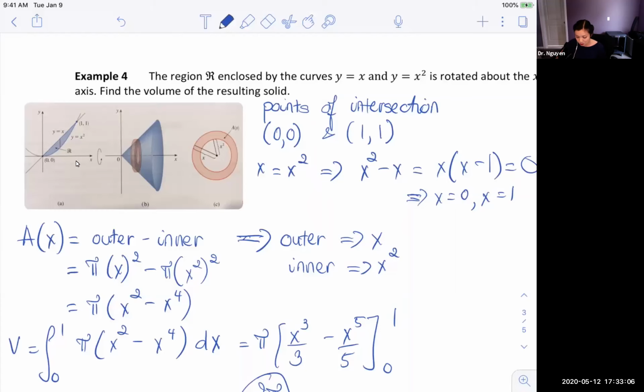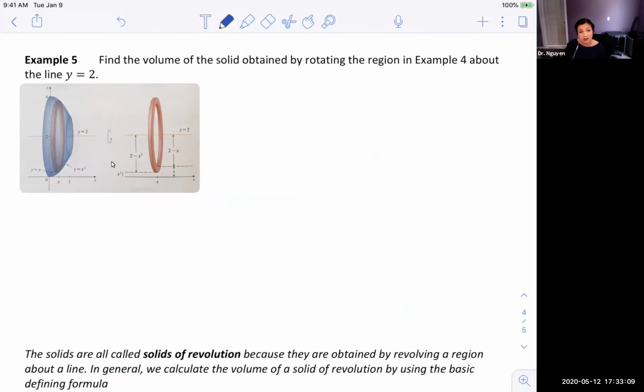But in example 5 here, because we are rotating about y equals 2, this time y equals x is going to be closer to that line y equals 2. Therefore, we have the distance of 2 here, so we have to take 2 minus x. Now the inner circle is going to be 2 minus x, and the outer circle is going to be 2 minus x squared. So it's changed a little bit.